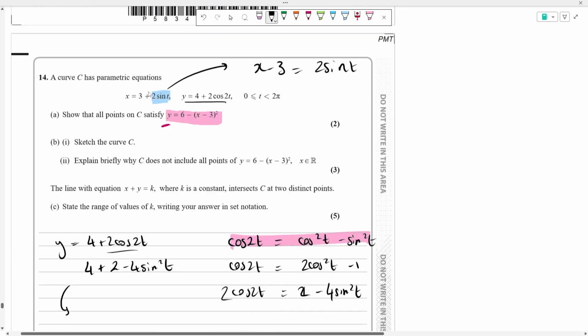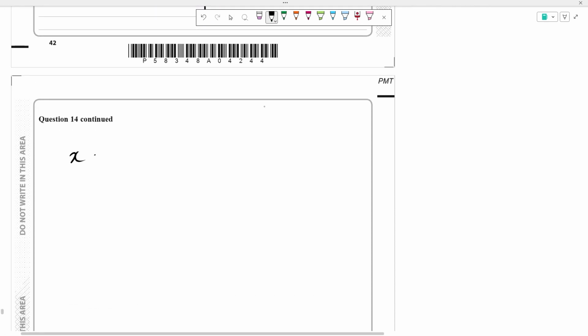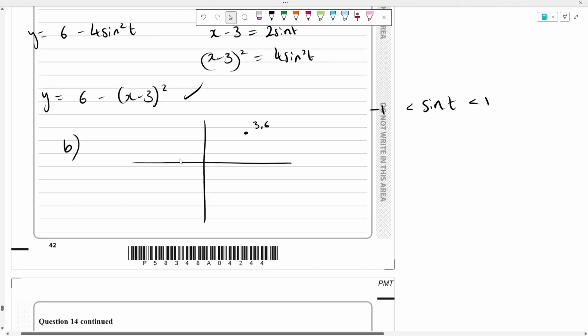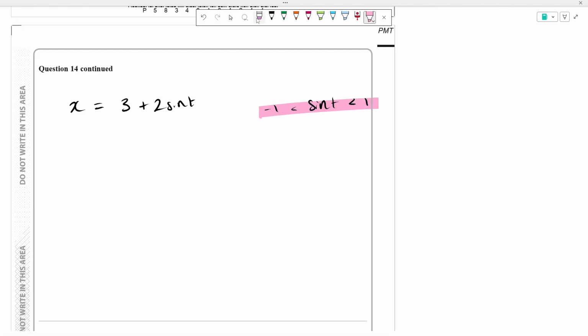So if we think about this x value, x is equal to 3 plus 2 sine t. Was it plus 2 sine t? Forgot. Yeah, x is equal to 3 plus 2 sine t, and we know that sine t maximum is 1 and minimum is minus 1, so this can give us a range of our x values.